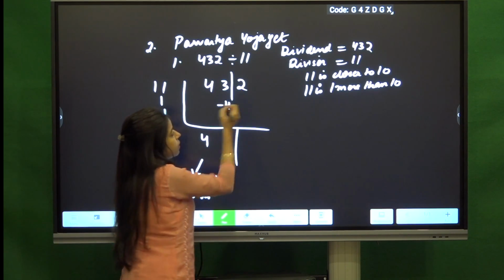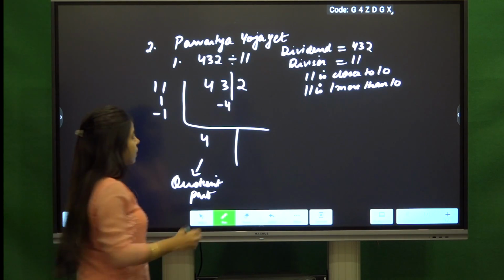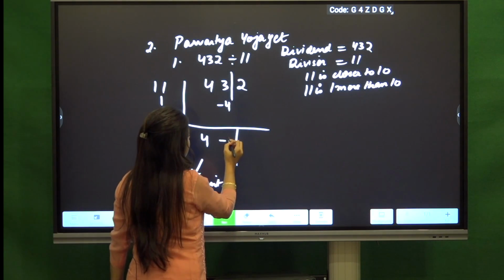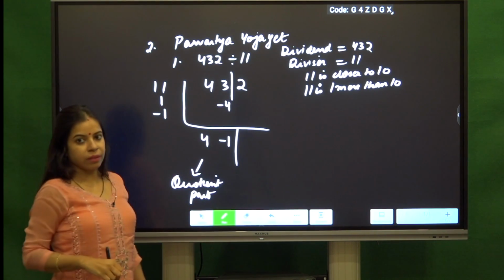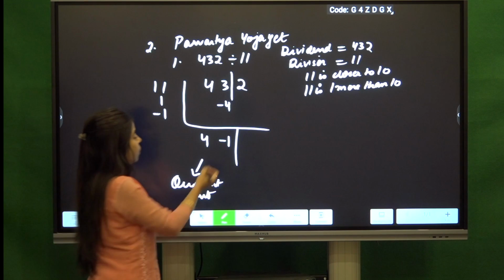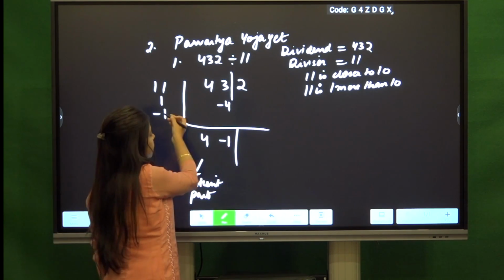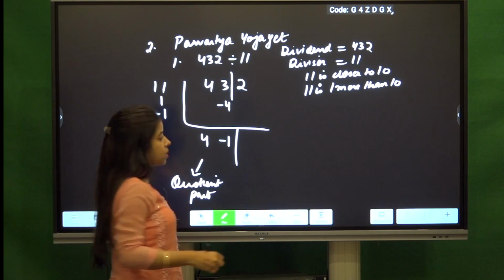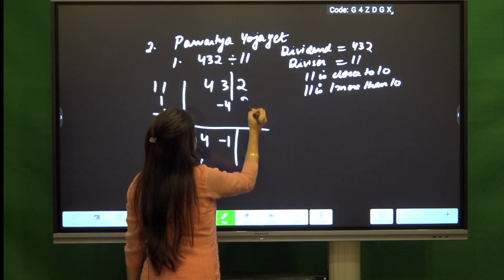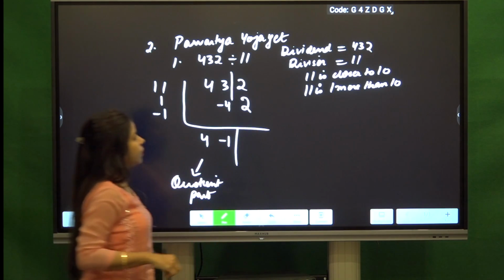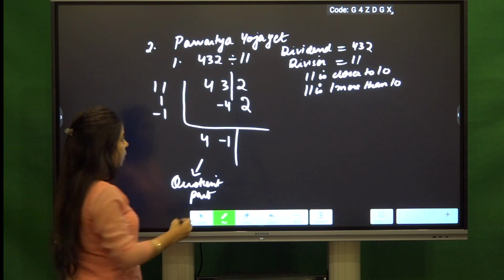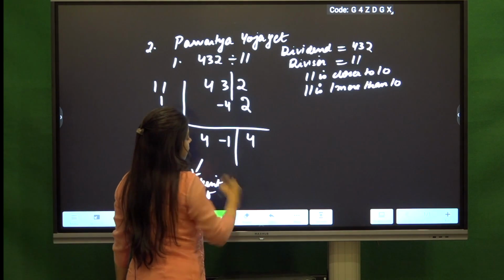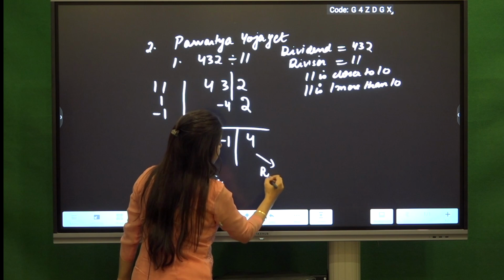We are going to add this. This will become 3 minus 4, which is minus 1. For next, again we are going to multiply minus 1 with minus 1, which is 1. Okay. And we are going to add this, and this is going to form the remainder part.